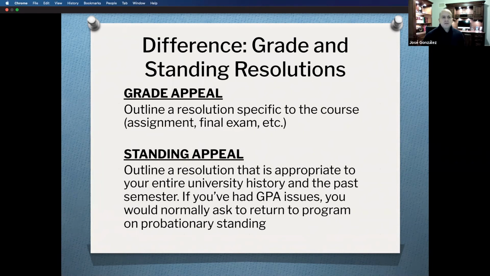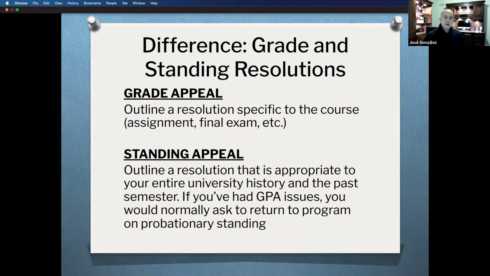So keep in mind for the grade appeals, Linda already touched on that, you can ask for multiple things. For standing, of course, this is your standing. Typically the remedies are to go back to probation, or to get another chance, or to be reinstated. This is just the most common remedy.